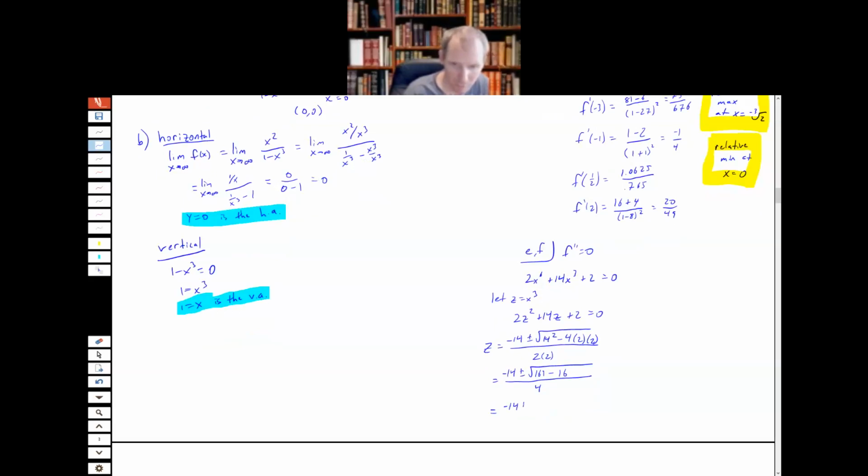So we get negative 14 plus or minus the square root of 153 all over 4. I think it might be beneficial at this point to just get a decimal approximation, because I have to go back and plug this in for z and then solve for x. So we're going to end up cube rooting this, and this is already kind of a mess. So I'm going to go ahead and get decimal numbers for this.